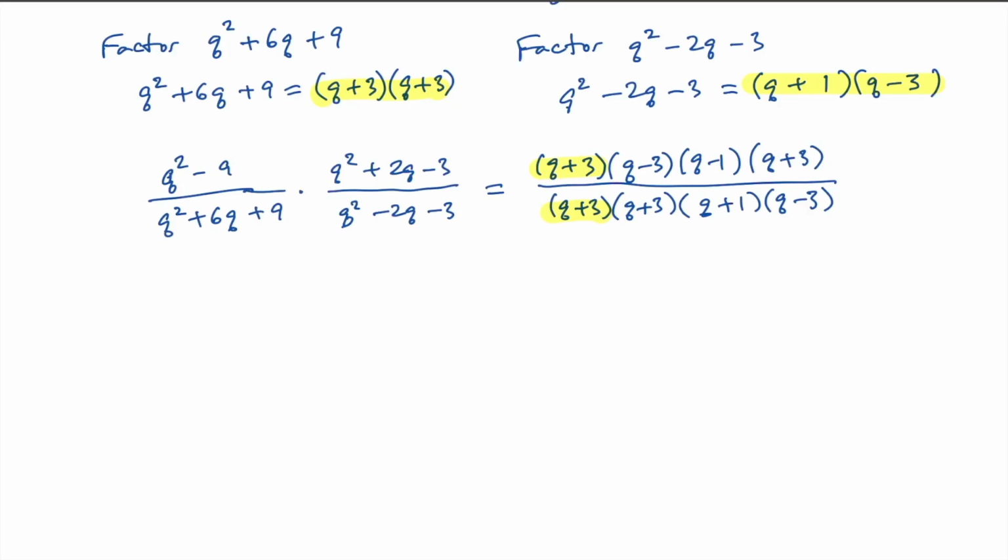So we've got a q minus 3, q minus 3, and we don't have a q minus 1 in the denominator, but we do have a q plus 3 and a q plus 3. And so this is going to leave us with q minus 1 over q plus 1. And that is our final answer.